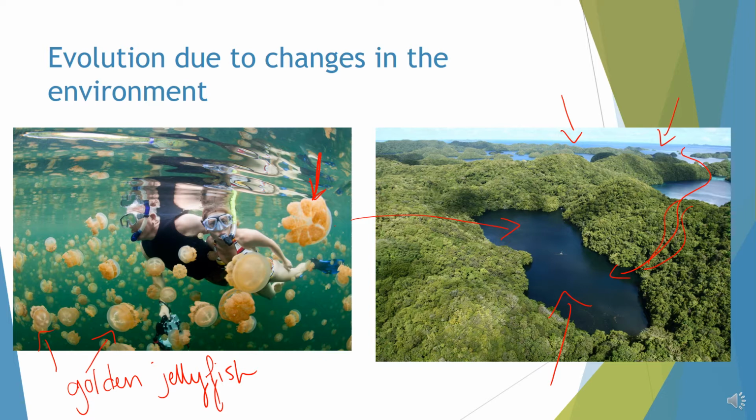They've lost their ability to sting. And so that's why these two people here are able to swim amongst all these jellyfish and not get stung, which is pretty cool. This is due to, so the mechanism here would be habitat isolation, because they're isolated from their predators. They don't have to expend energy to make these stinging cells.